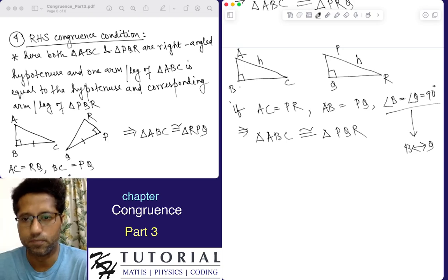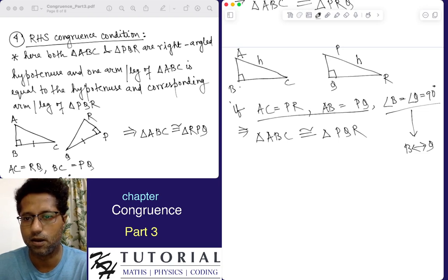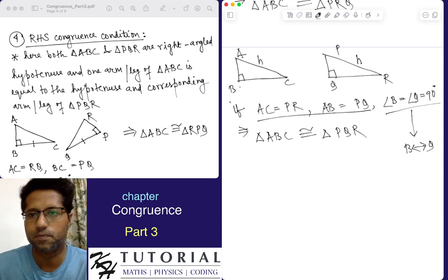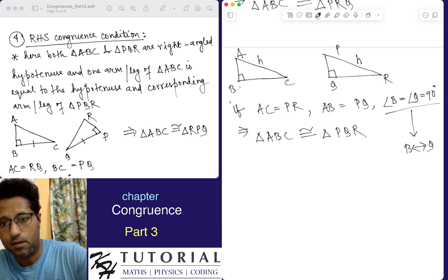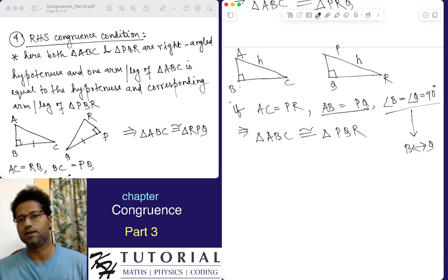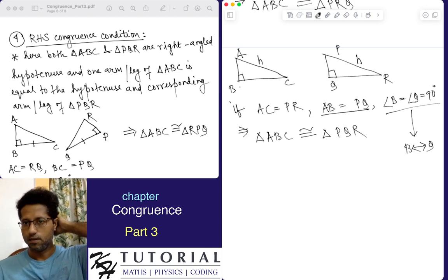Now from the sides, I know that AC is equal to PR, the hypotenuse. Also I know that AB, the one arm of triangle ABC, is equal to some arm in triangle PQR, which in this case I have assumed that AB is equal to PQ.